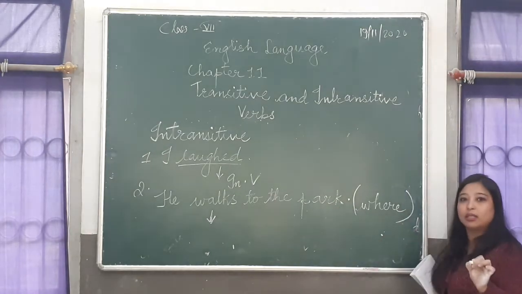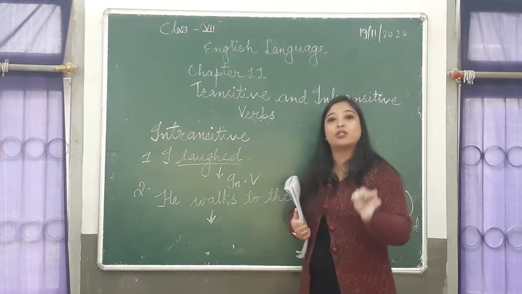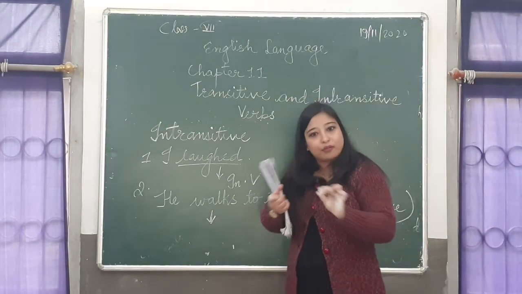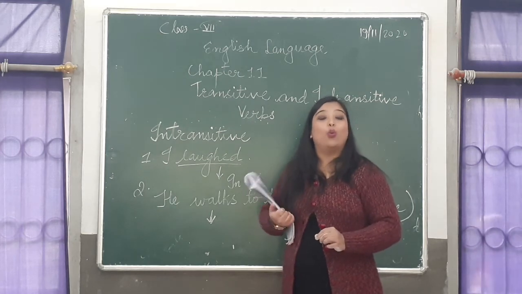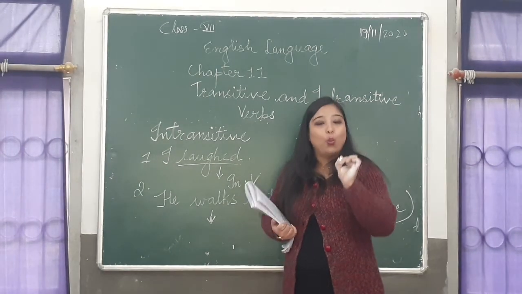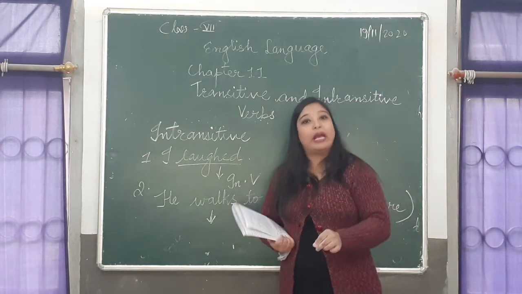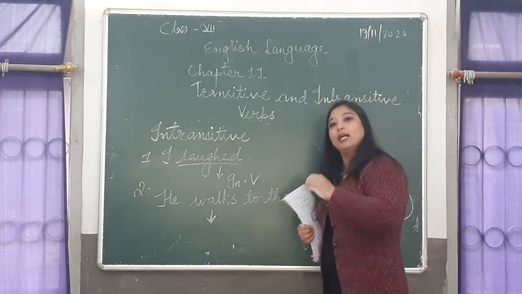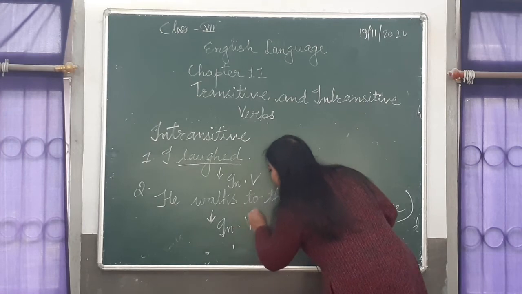For transitive verbs, you'll have to ask the question what and whom. And for intransitive verbs, after reading the sentence, you'll have to ask the question where, how, and when. Okay, he walks where? To the park. So this one over here is an intransitive verb.